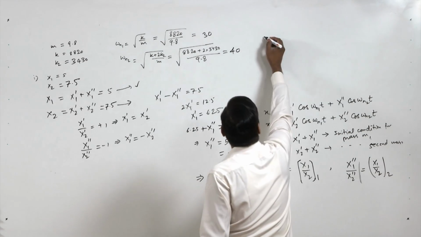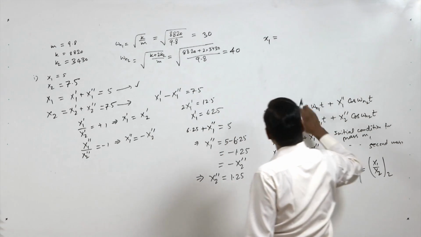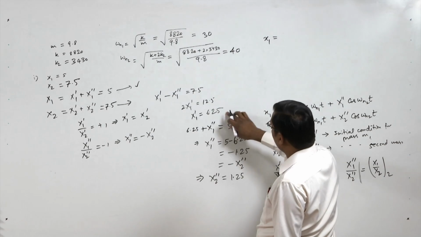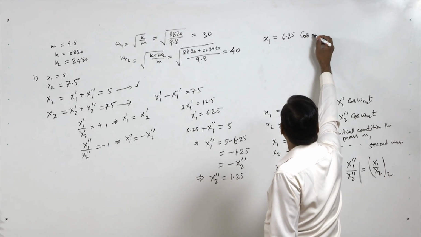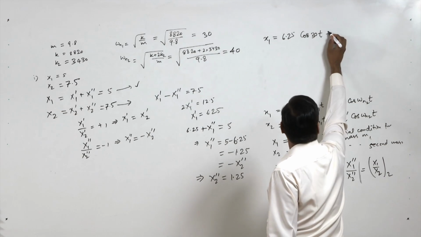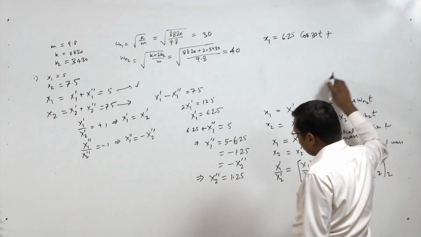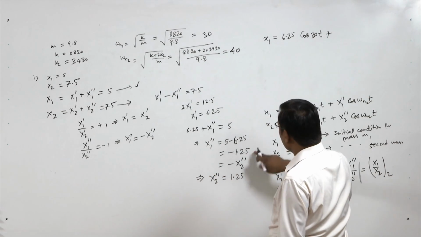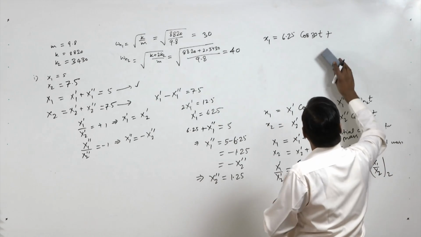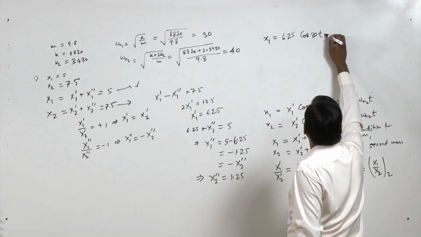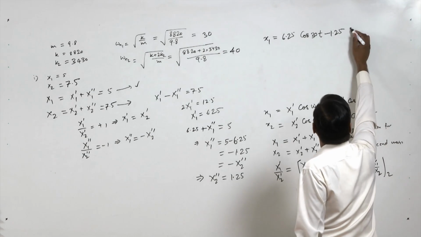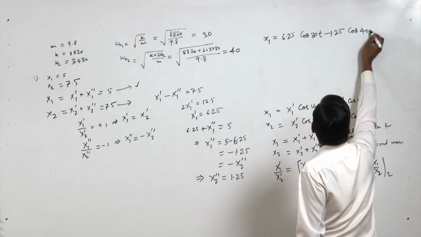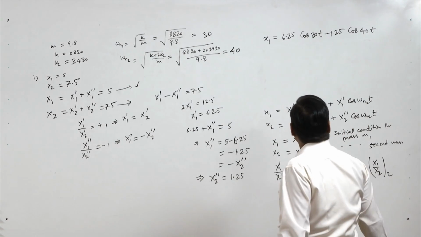So what will be x1? x1 will be x1 dash, 6.25 cos omega n1 t, that is 30 t, and x1 double dash is minus 1.25, so minus 1.25 cos omega n2 t, that is cos 40 t, because omega n2 is 40.